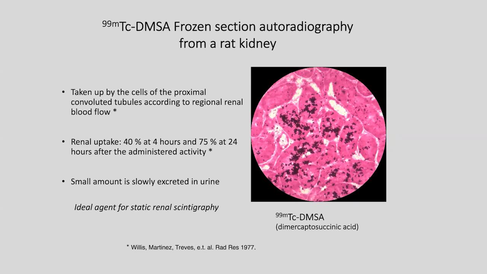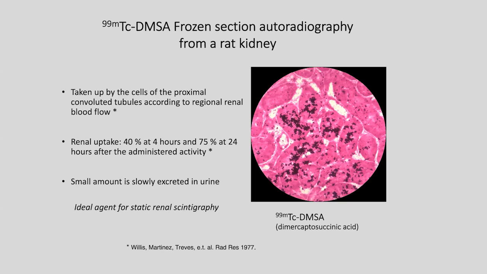Very small amounts of the tracer are slowly excreted in the urine. Because the tracer is taken up and stays in the kidneys, it is an ideal agent for static renal scintigraphy.